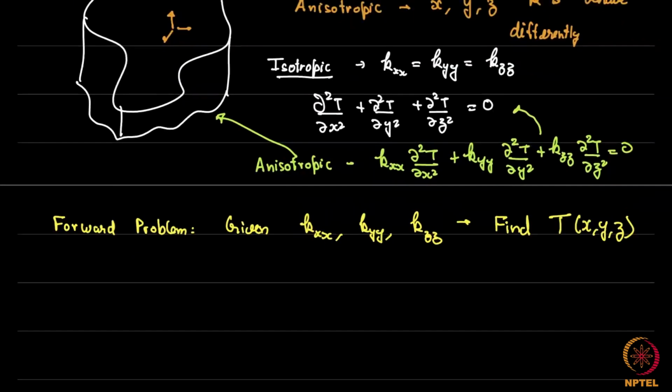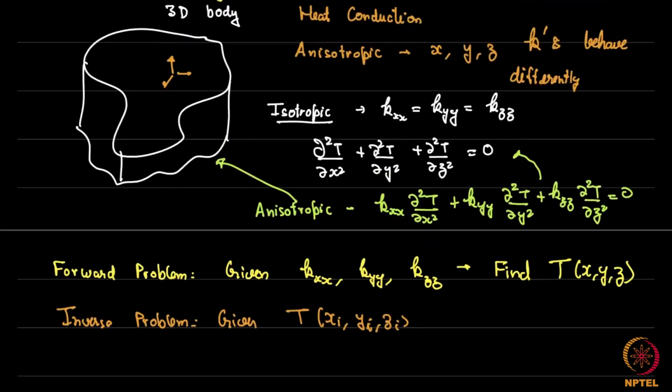The inverse problem, I'll show you the mathematical formulation also a little bit later. The inverse problem is given T at some locations. Okay, so remember, we can only give this at a finite number of locations. For example, we could give locations such as this.